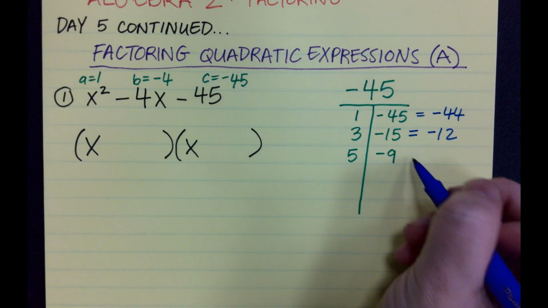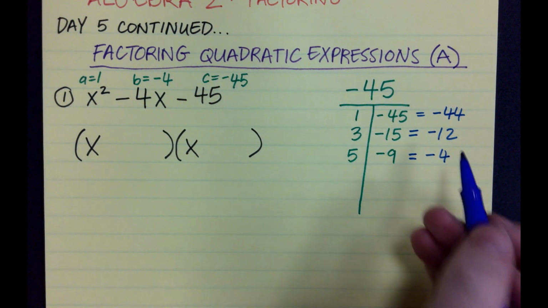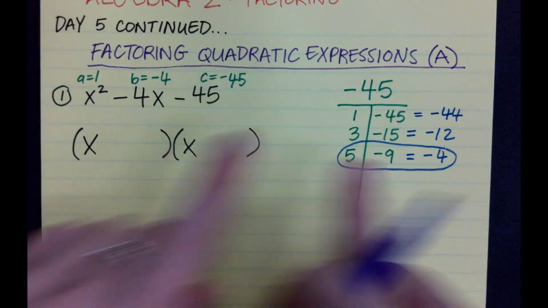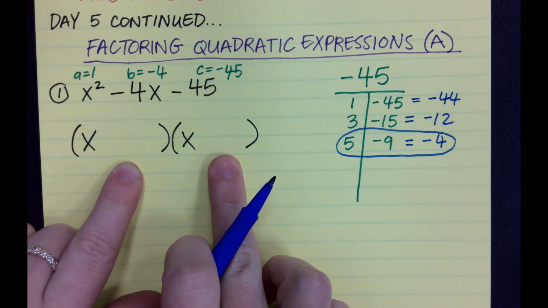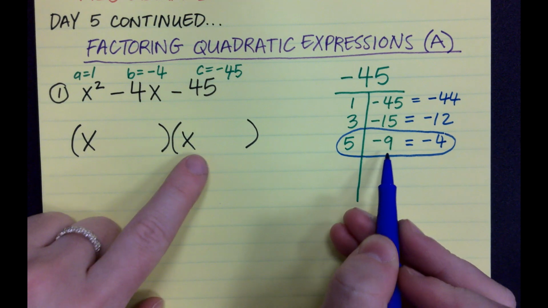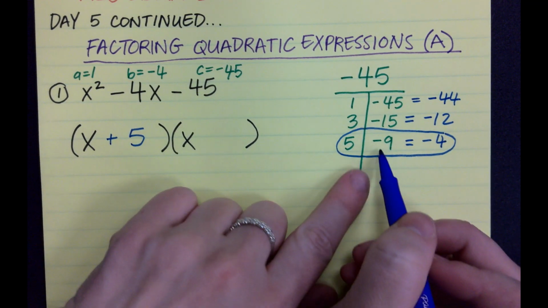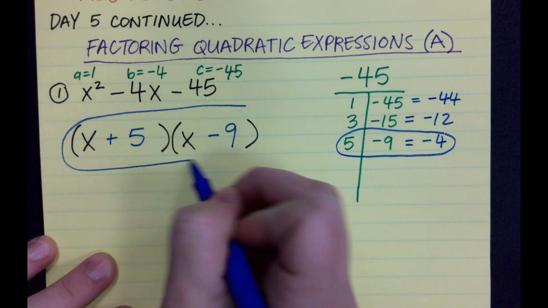What's 5 minus 9? Negative 4. Oh my gosh, look at that. Negative 4. So guys, what are we going to write in our parentheses? 5 and negative 9. If we have a positive number, we would put plus. X plus 5. And a negative number, we put minus. So x plus 5, x minus 9. And guys, that is your answer.